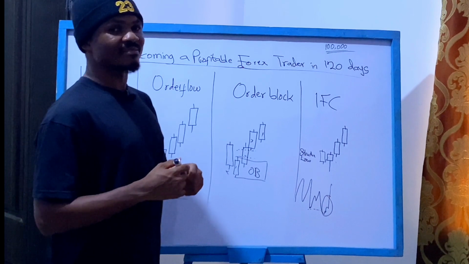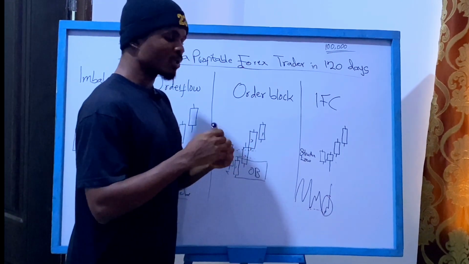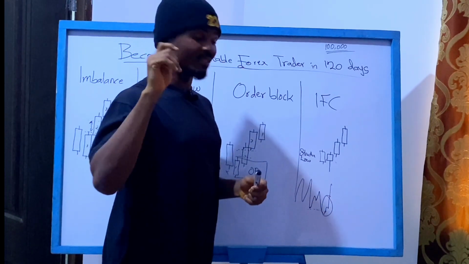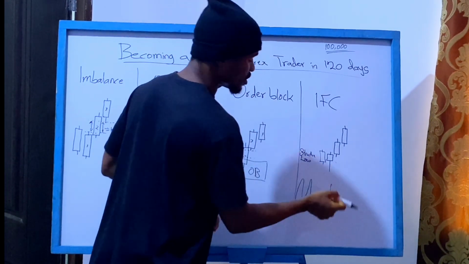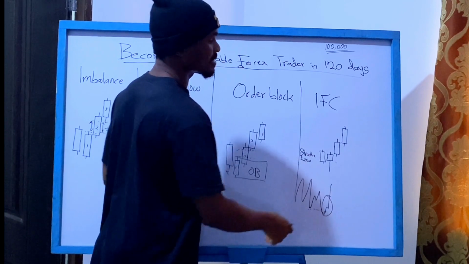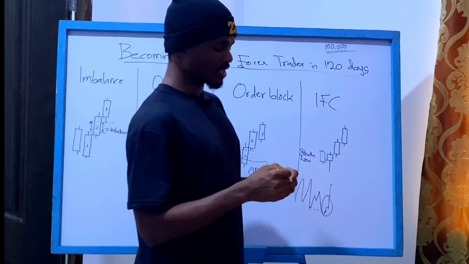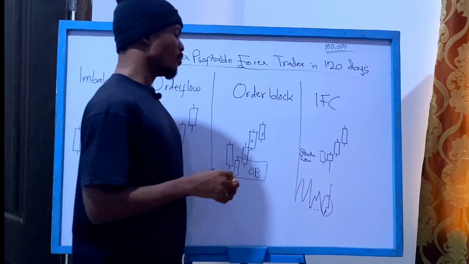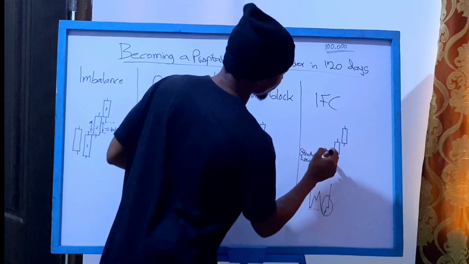Most IFCs come as what we usually know as hammer, doji, and stuff like that. In short, they have long wicks and a short body. And there must be the presence of what?